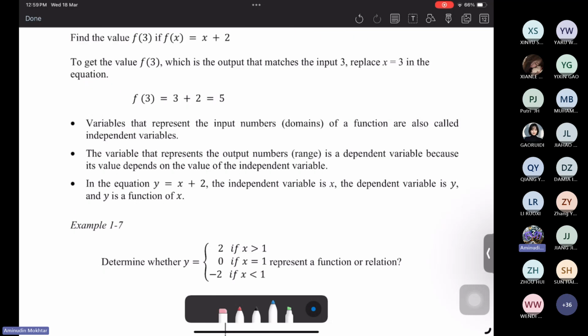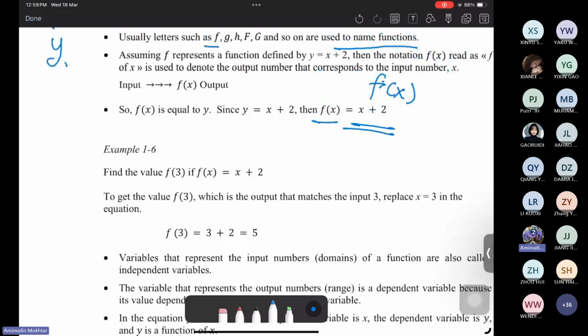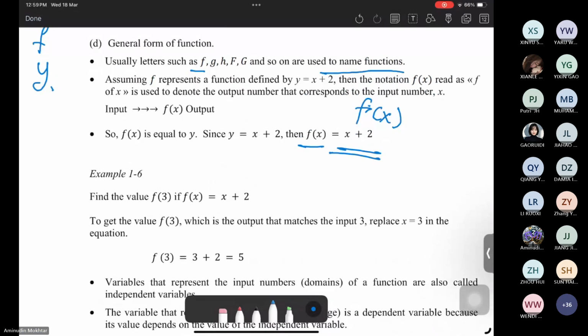Okay, for example, we have the question: find f(3).